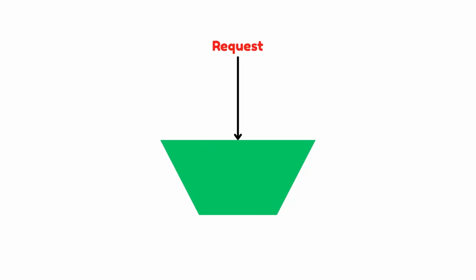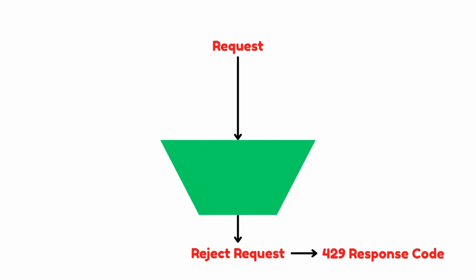In this case, either the request will get rejected with the response code 429, which says too many requests, or we can keep this request in a waiting list, which means once the first second is completed, in the next second we will get 5 more tokens. And using one of the tokens, we can complete this waiting request.